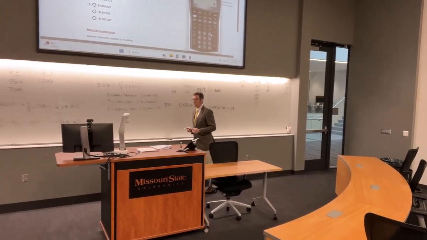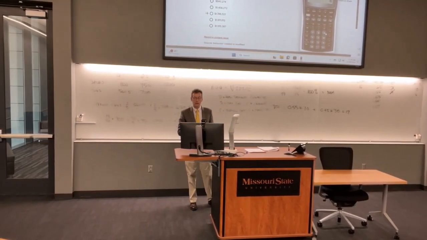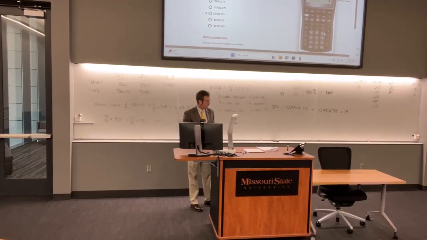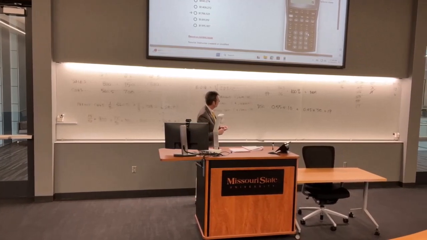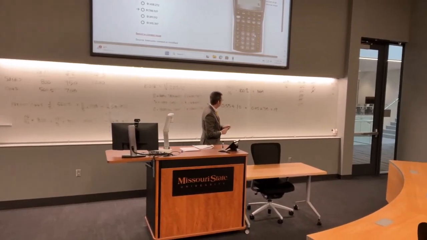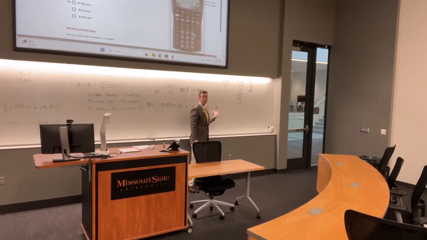So now, if I want to find out how much I have in accounts receivable on average, all I have to do is figure out what my average day sale is, and multiply it by 19.